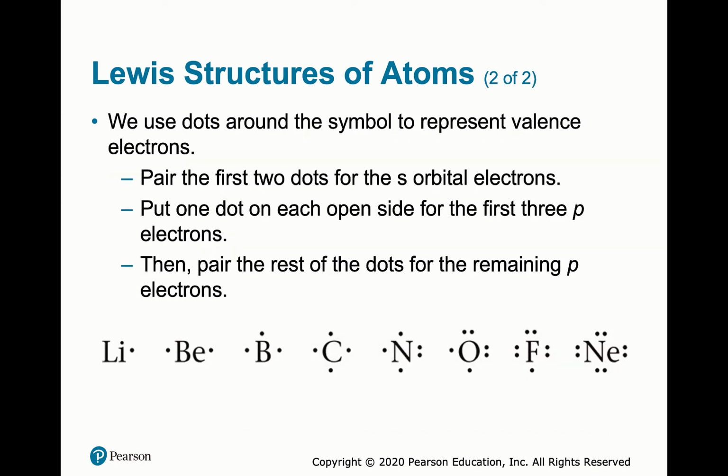Including these dots says how many valence electrons. So lithium has 1, beryllium has 2, boron 3, carbon 4, nitrogen 5, oxygen 6, fluorine 7, and neon 8. You start with the first 4, you put an electron on each side, then you start pairing them up after 4 for carbon.